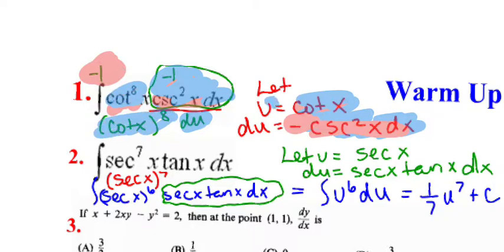Now, given that we know that u equals cotangent, we can change this to the following. So this becomes negative u to the 8th power. And then when we actually integrate, it's going to end up being 1/9 u to the 9th plus c.